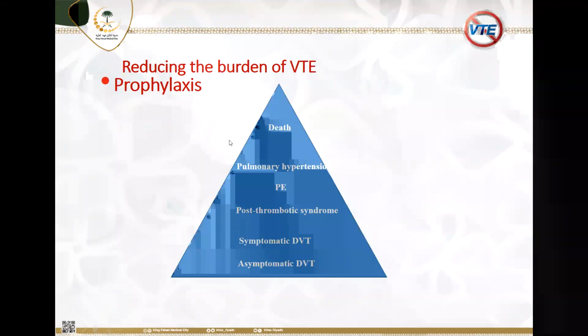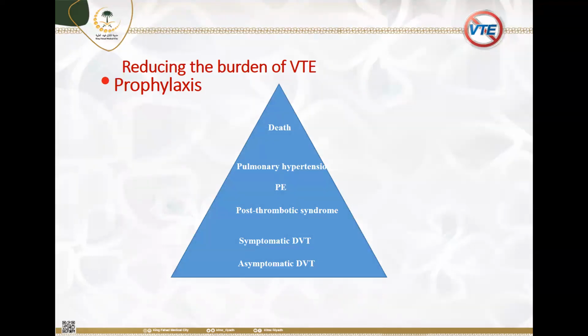If we implement thromboprophylaxis, we will prevent asymptomatic DVT. This is the most important. This is a silent disease. It does not always present with leg pain, swelling, hotness, redness, limping, or difficulty walking. And why do we call it silent? Because it has no manifestation, but the first presentation is the complication, which is pulmonary embolism. So a patient might be asymptomatic, no leg pain or anything. He might just have sudden pulmonary embolism that can lead to death.